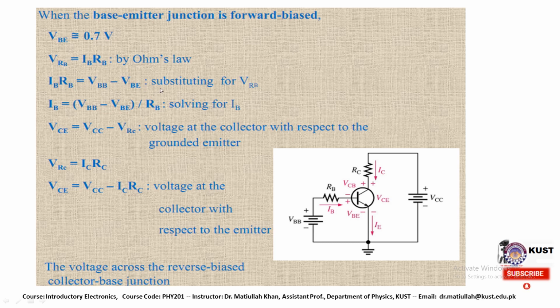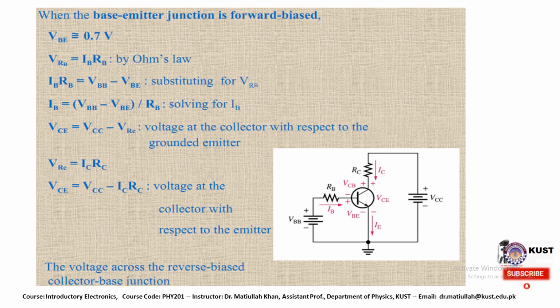Substituting the value of VRB, we get IB RB equal to VBB minus VBE. After solving this equation for IB, we get a very simple equation: the base current IB should be equal to VBB minus VBE divided by RB.